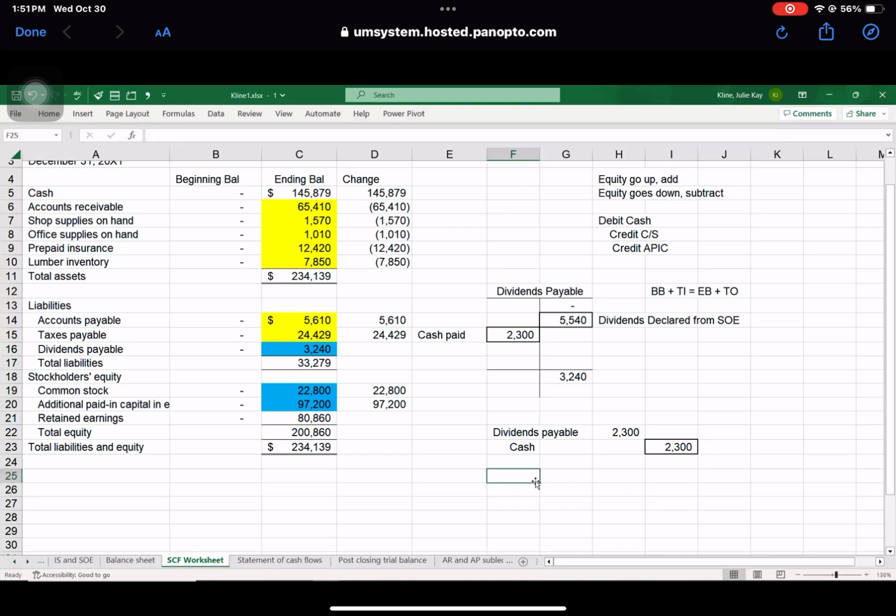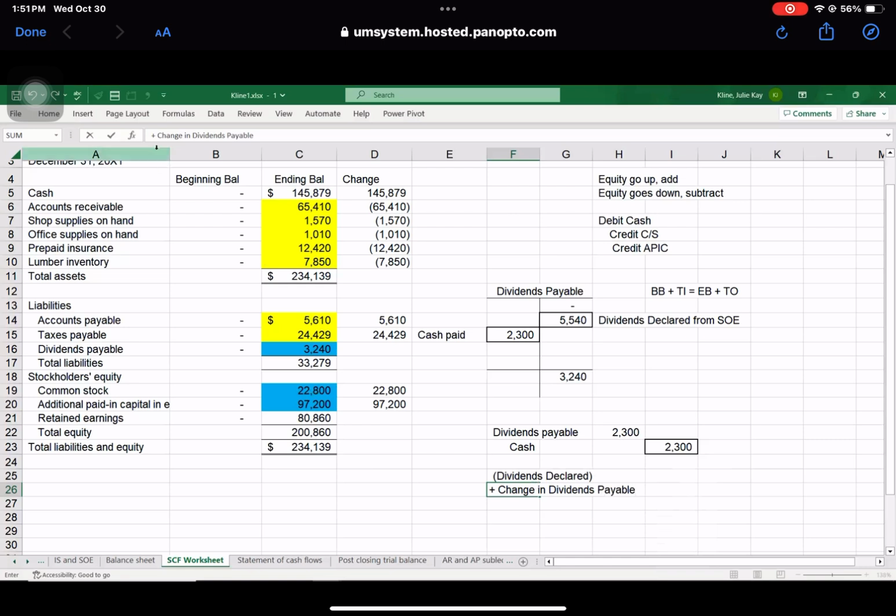Another shorter way to do this, as the math works, is to look at your negative dividends declared. This is kind of a short math way. Negative dividends declared, and you're going to add to that the change in dividends payable.